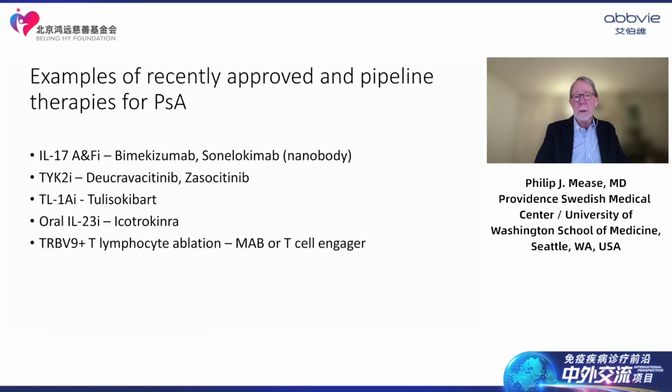And here are the ones that are newly emerging, and I'm going to include here also the oral IL-23 inhibitor icotrokinra, and one that's in the future, possibly, which is a cell therapy approach in which the TRBV9 positive T lymphocytes, known to be pathogenic in HLA-B27 positive axial spondyloarthritis, may also be effective in HLA-B27 positive psoriatic arthritis patients.